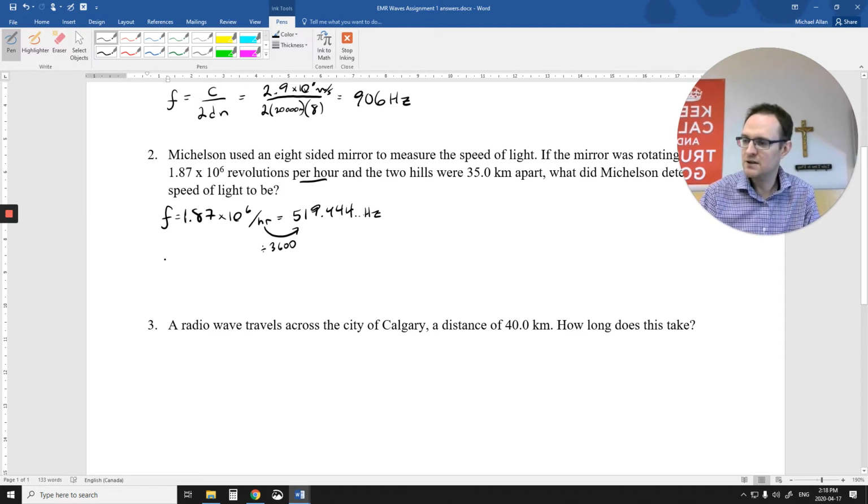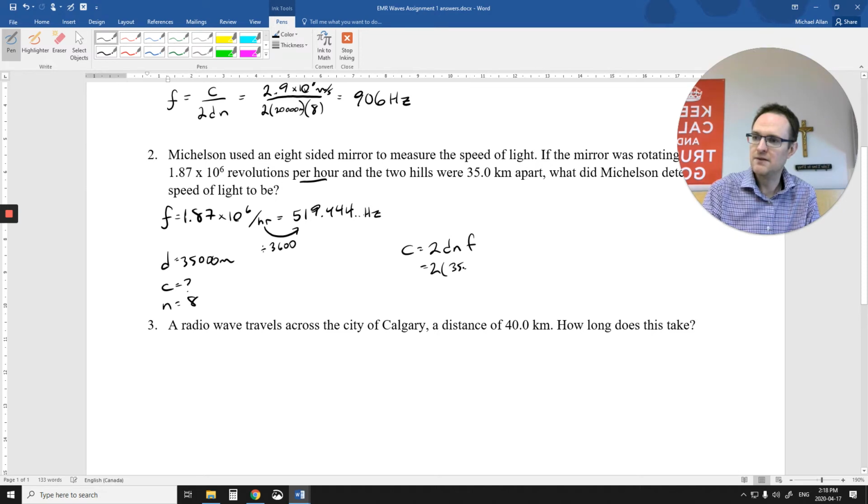We know the hills are 35,000 meters apart. We're looking for the speed of light, and we know the number of sides in the mirror is, again, an 8-sided mirror. So this is just going to be 2dNF. So 2 times your 35,000 times the 8 times the frequency in hertz.